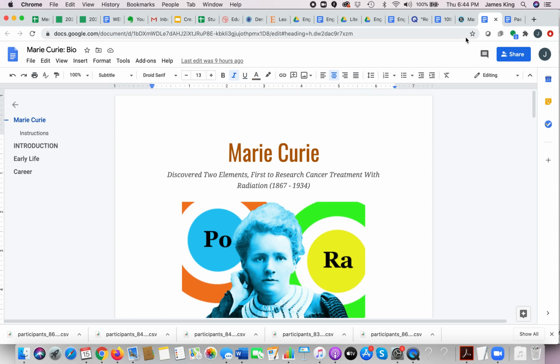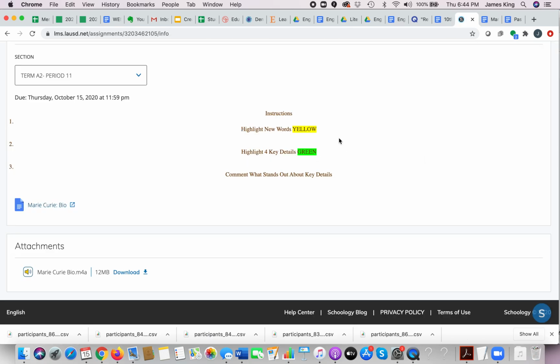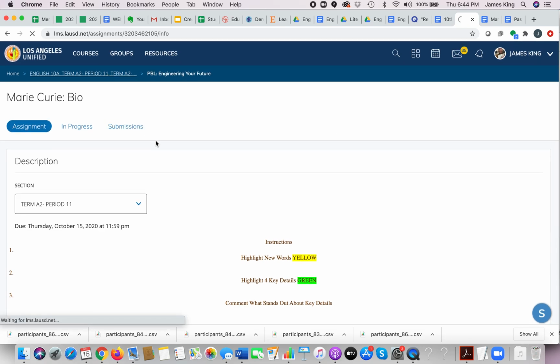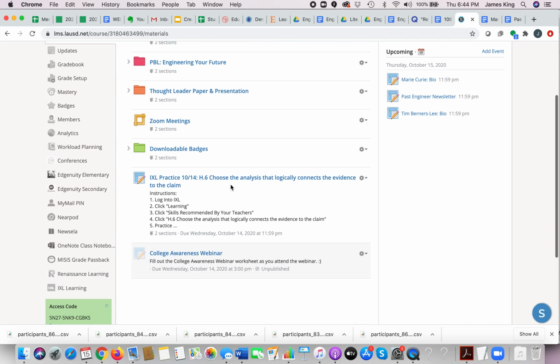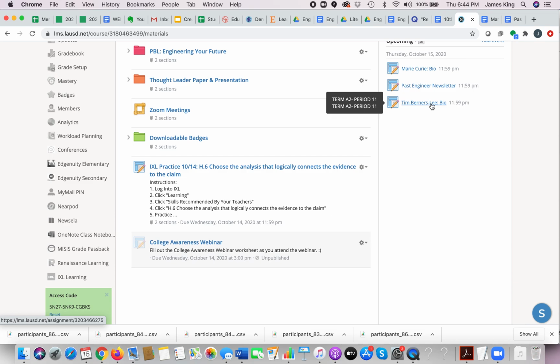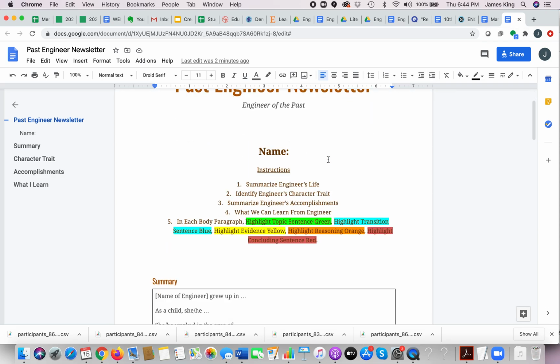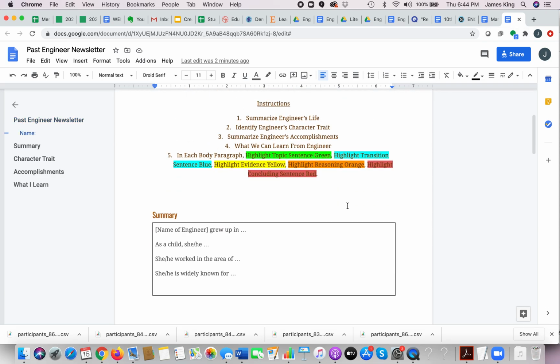If you are more interested in internet technologies than in Marie Curie, then you may also do the Tim Berners-Lee bio. Tim Berners-Lee is the inventor of the internet. So if you wish, you may read his biography, annotate it, and then do your newsletter on Tim Berners-Lee, inventor of the internet.